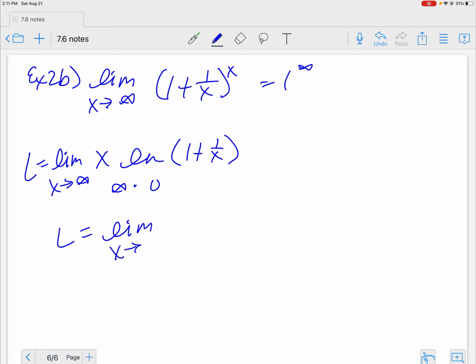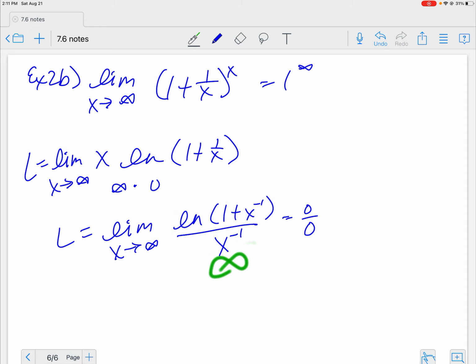So L is equal to the limit as x approaches infinity of the natural log of 1 plus, I'm going to write this as x to the negative 1 because I don't want to mess with all the other stuff, over x to the negative 1. And now we have a 0 over 0 indeterminate form. Do you see that? The natural log of 1 is 0. This is going to be 1 over infinity, which is also 0. Now we can do L'Hopital.